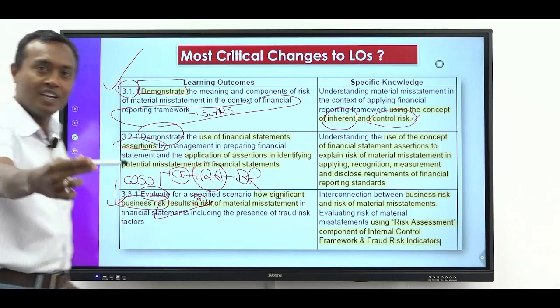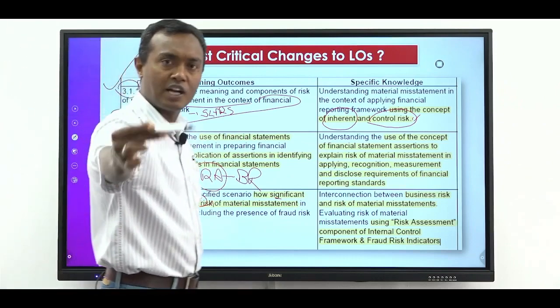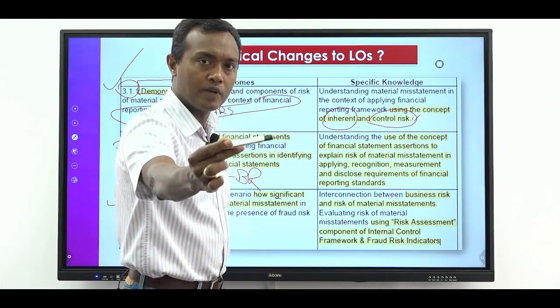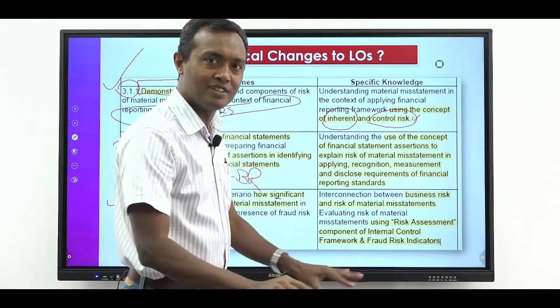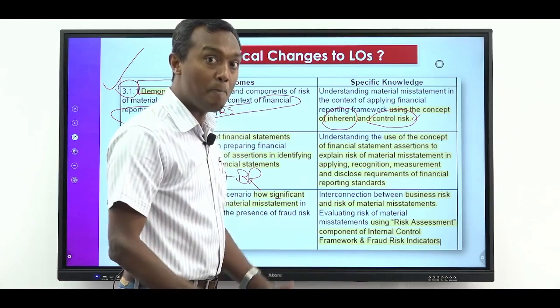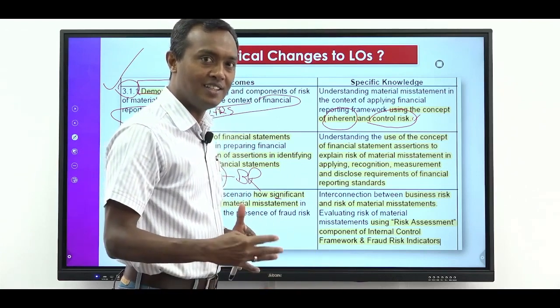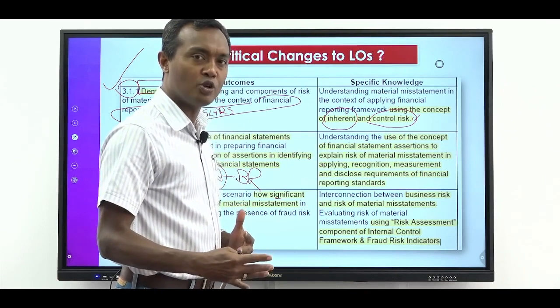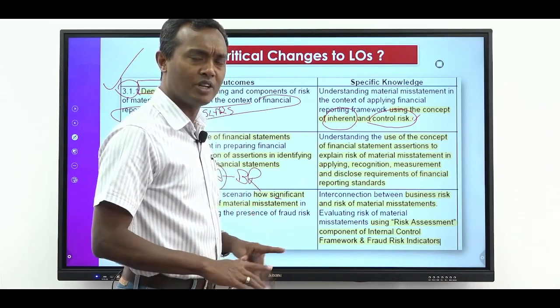Let me repeat. In preparing financial statements, management explicitly means they say we are a going concern, explicit in writing. Implicitly, no need to say sales is properly accounted, proper cutoff. Every sale is accounted. Is it required to write?